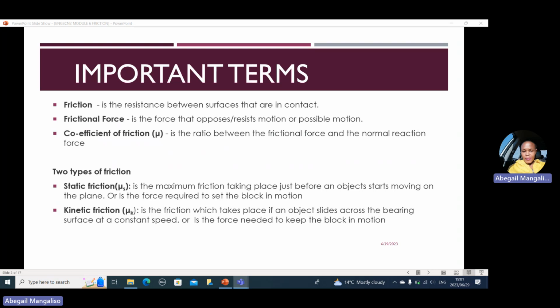Kinetic friction keeps the object in motion, whereas the static friction keeps the object at rest.